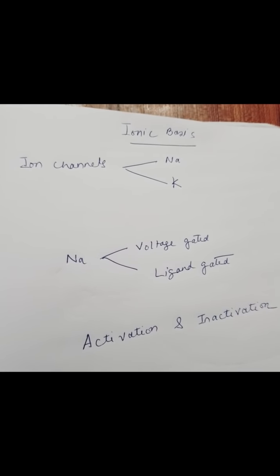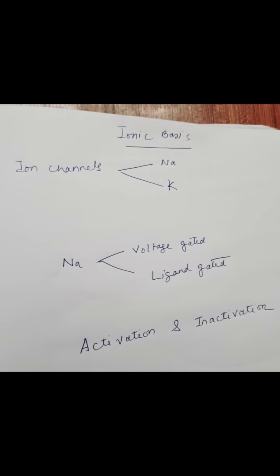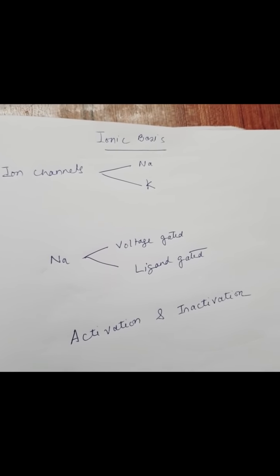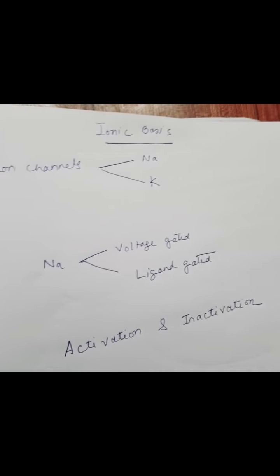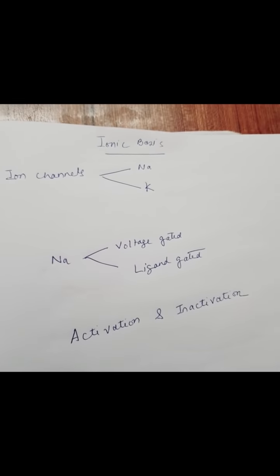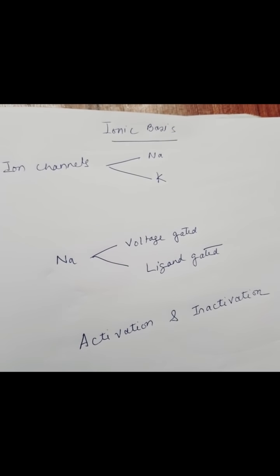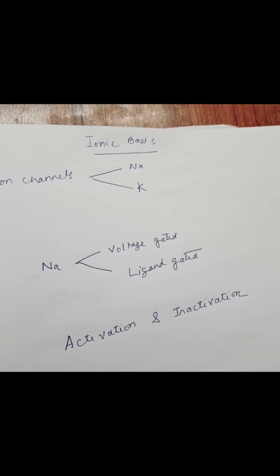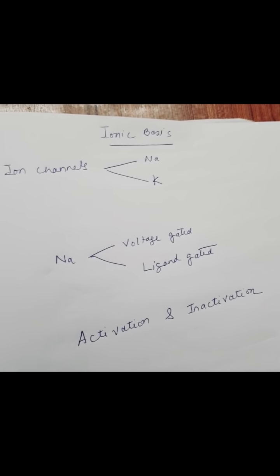You've already done the basics of the ion channels. We are concerned about the sodium and potassium ion channels here, and you have done those a few days ago. Okay. So just a recap. What are ion channels? Ion channels are basically membrane proteins which allow movement of ions across the cell membrane.